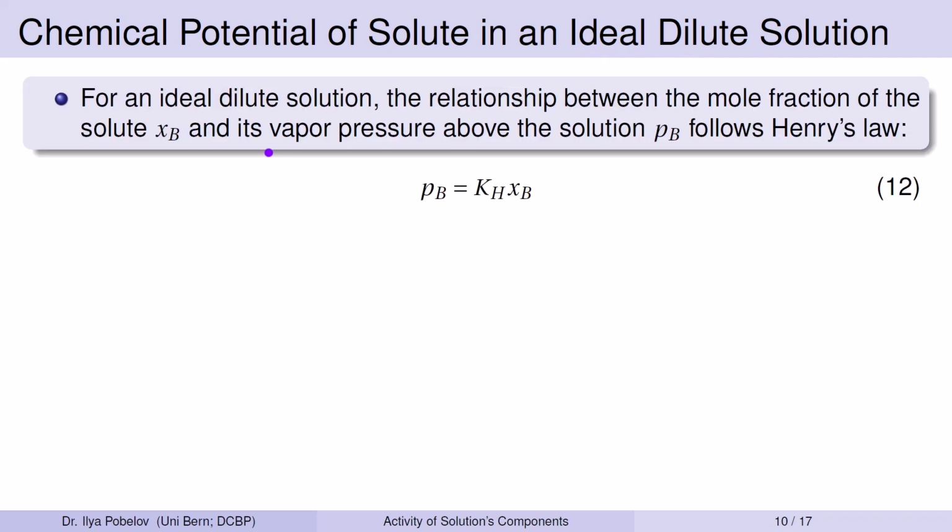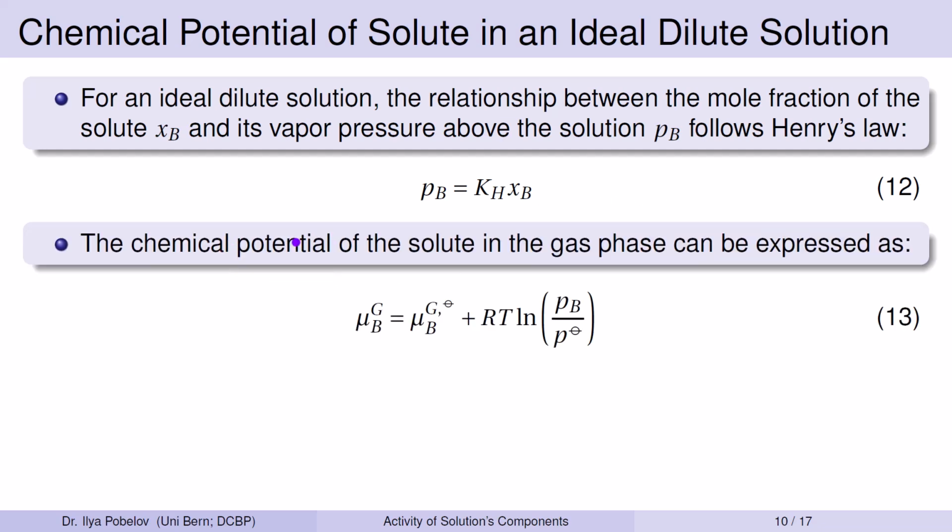For an ideal dilute solution, the relationship between the mole fraction of the solute and its vapor pressure above the solution follows Henry's law, Pb equals Kh times Xb. Kh is Henry's law constant, which depends on both the solute and the solvent.